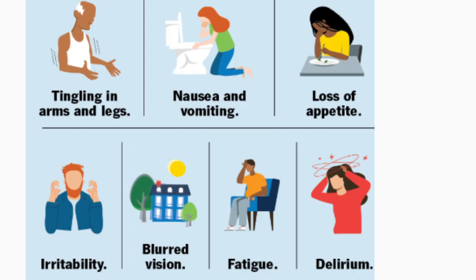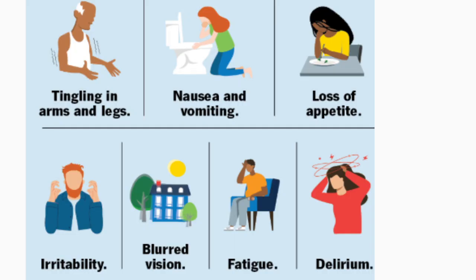Delirium represents the mental state of a person in which the person is disoriented. Orientation means the person knows where he is, what the time is, and what place he is in. But in delirium, the person is completely in a confused state of mind.